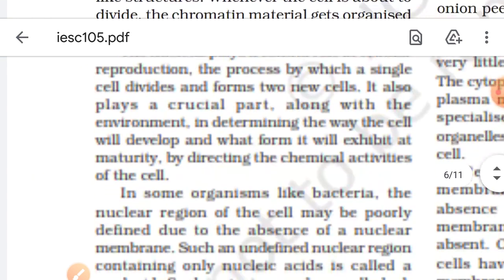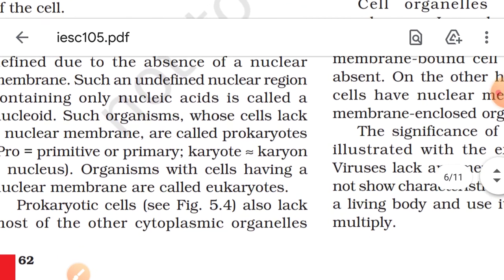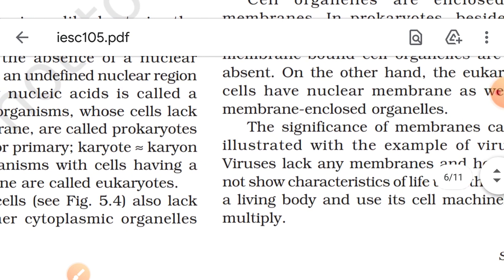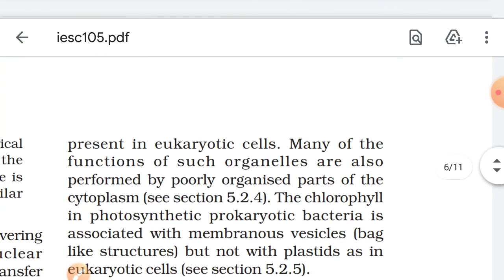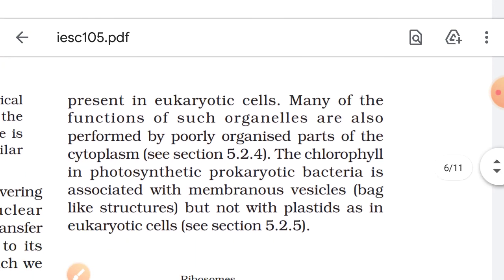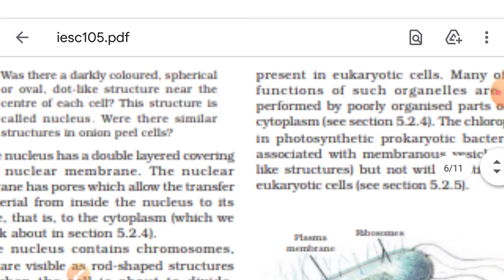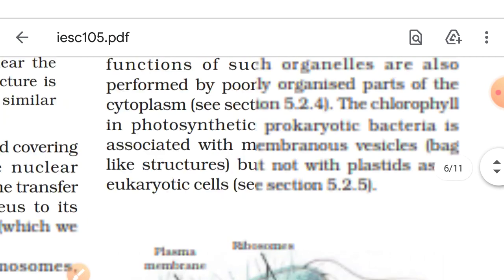If any cell has a nuclear membrane in which the information is stored, it is known as eukaryote. Eu means true. Eu means true. Karyote means nucleus. So I hope that you understand it well.